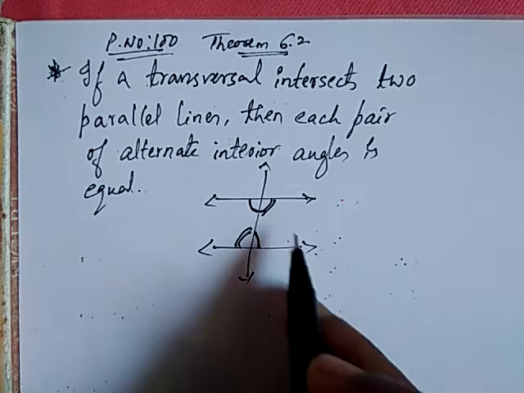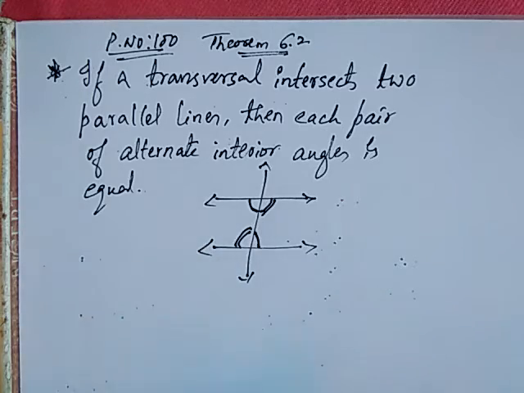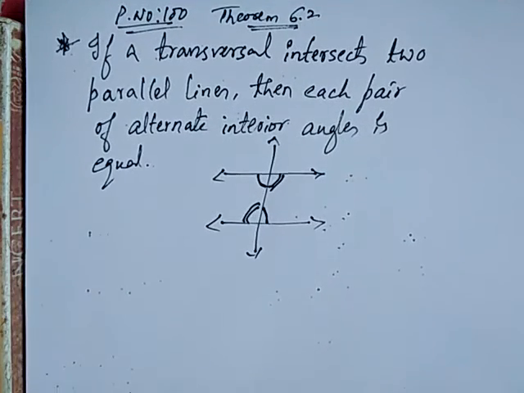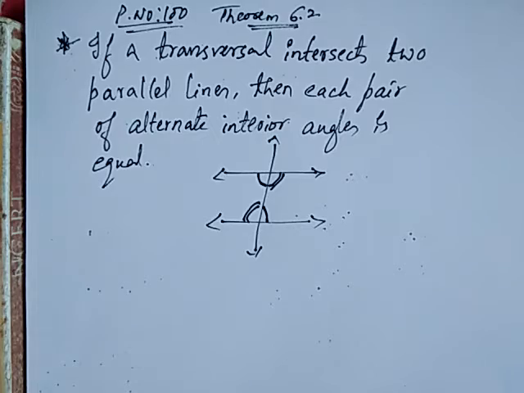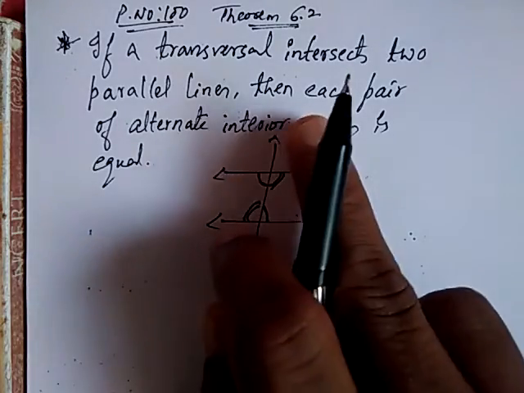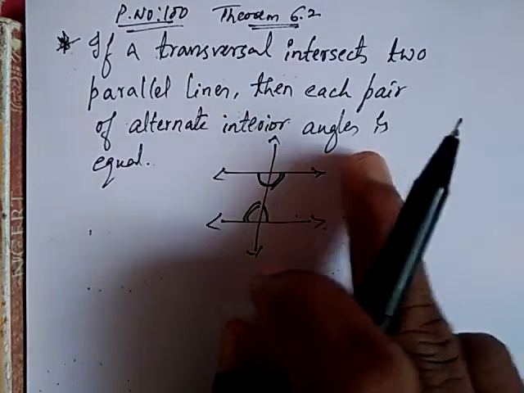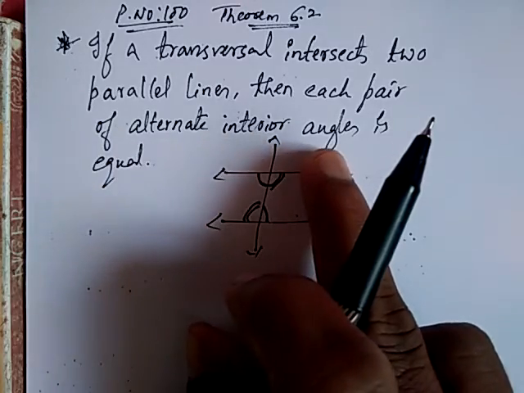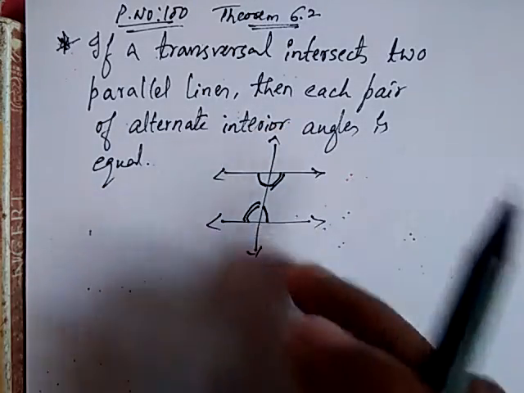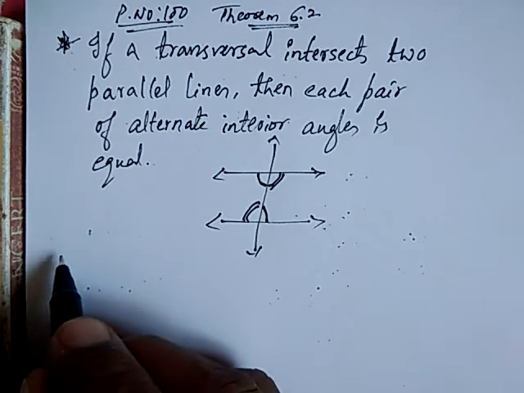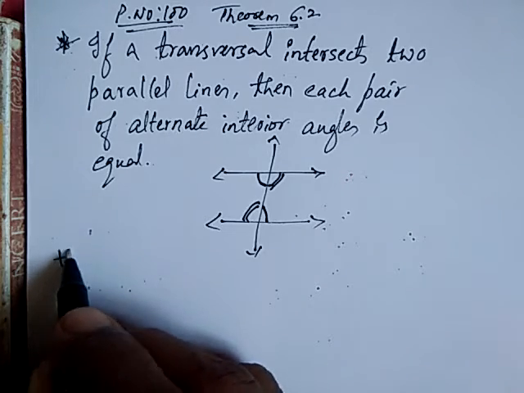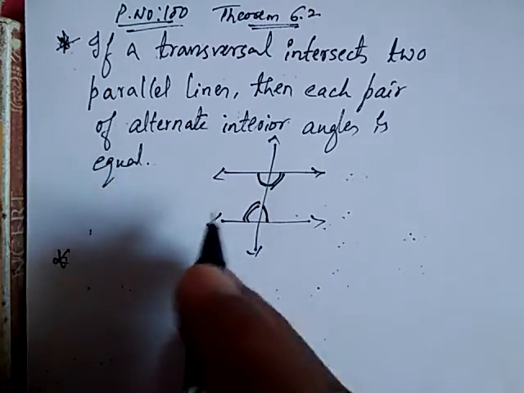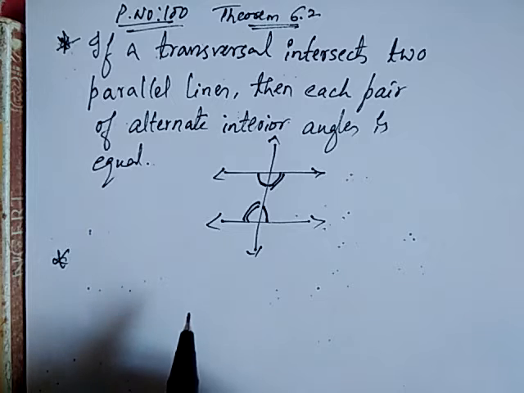If the alternate interior angles are equal, then the given two lines are parallel. That also holds good. When the lines are parallel, alternate interior angles are equal. When the alternate interior angles are equal, the given two lines are parallel. That also we will see. Next, the converse of this statement also we will have now.